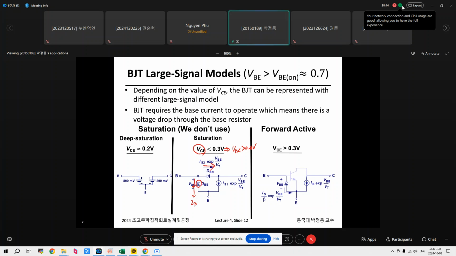Since this is reduced, this IC, which is proportional to beta IB, is also reduced. So real beta is what? IC over IB, right? Therefore, your output collector current is smaller than beta IB. Okay. This is the case for the saturation. Okay.